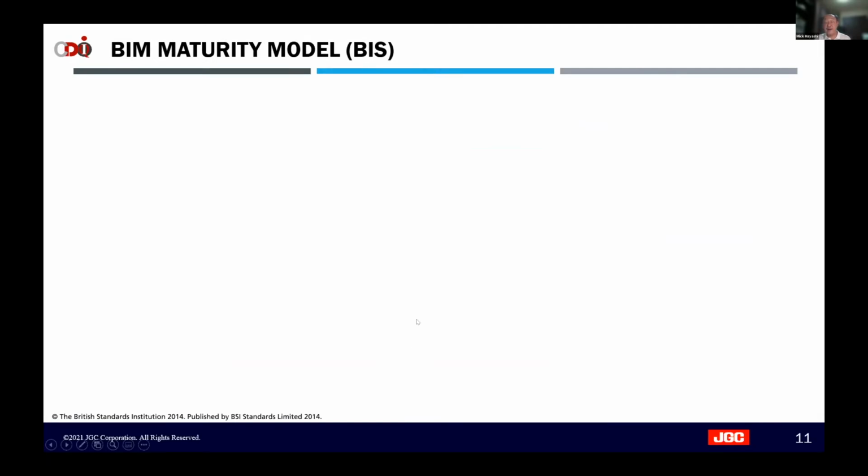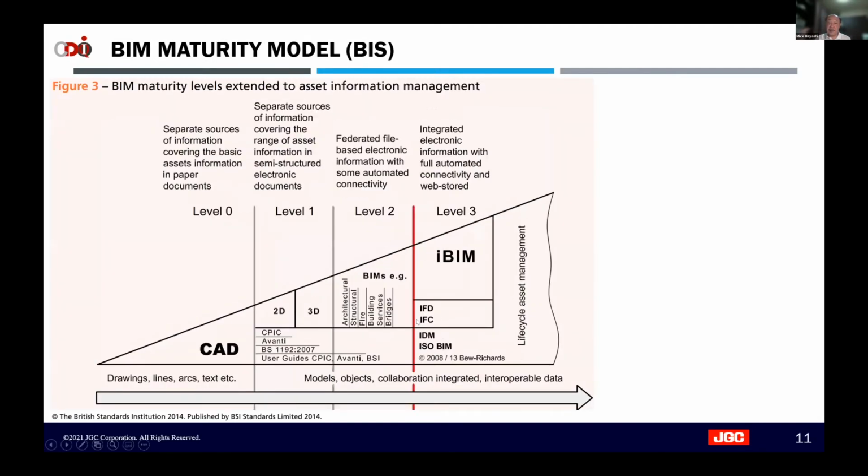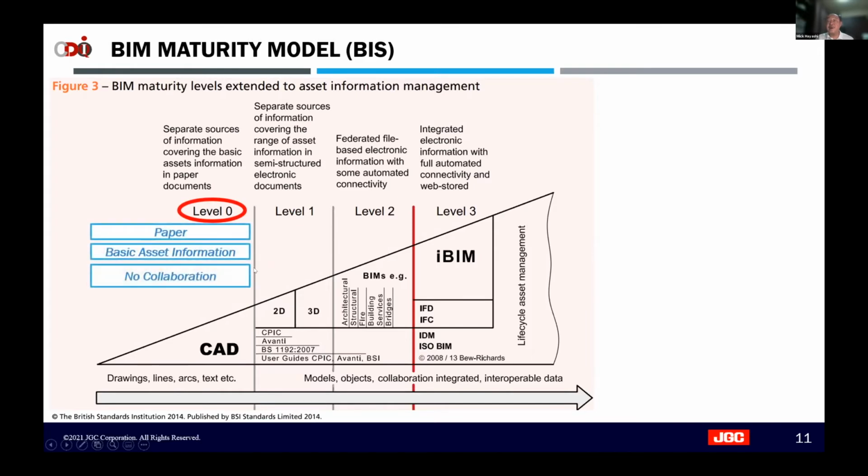Okay, now I talk about maturity levels. As I said, which covers level 0 until level 3. Right, so level 0 is just simple CAD. This is just the design, right? So this is still paperwork, which contains only basic asset information.